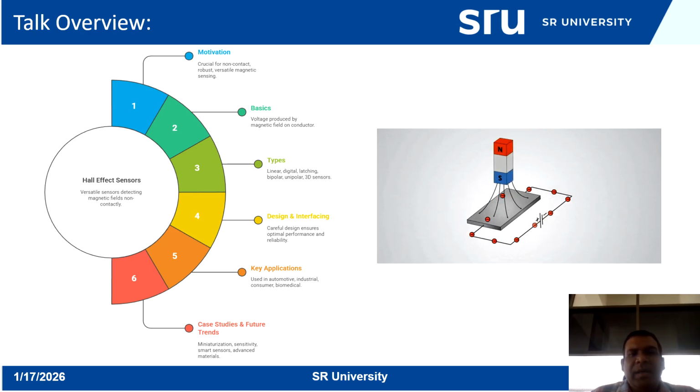And I will briefly discuss cutting edge trends like intelligent Hall sensors with on-chip microcontrollers, automotive functional safety, then low power Hall sensors for IoT applications. And finally, I will conclude my discussion by asking a few questions with answers.